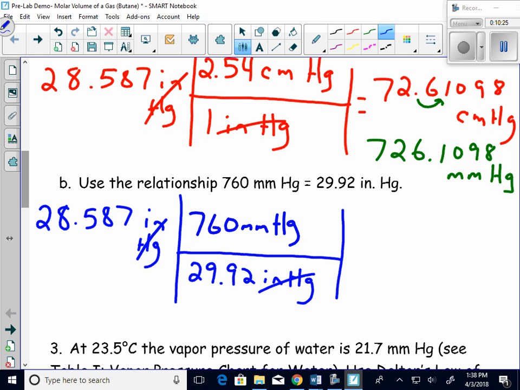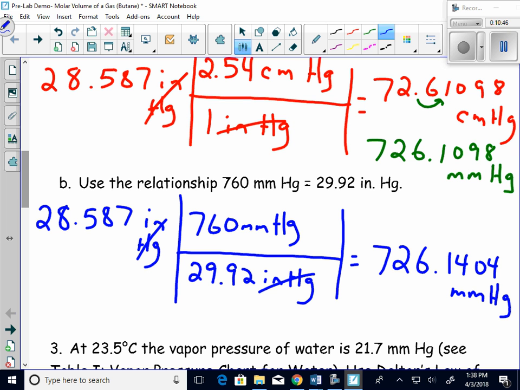So my inches of mercury cancel. When I do my math for that one, it comes up to a value of 726.1404, and my label is millimeters of mercury.